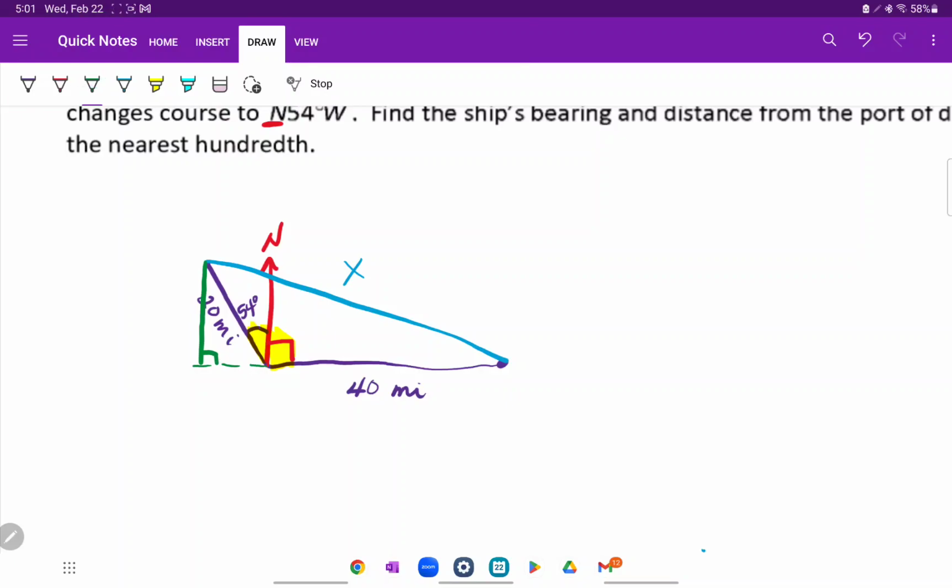That due west line that I extended on the bottom, intercepted with this red due north line, creates a 90-degree angle here. And we know that a portion of that 90-degree angle is 54 degrees, so we can just find its complement to find the angle inside this triangle. And that'll be 36 degrees.